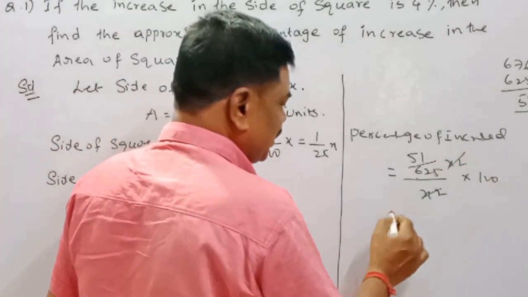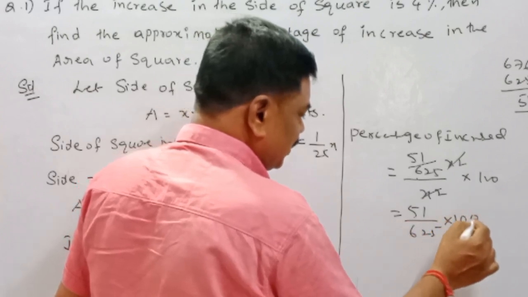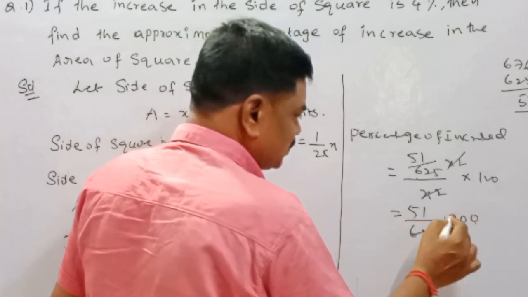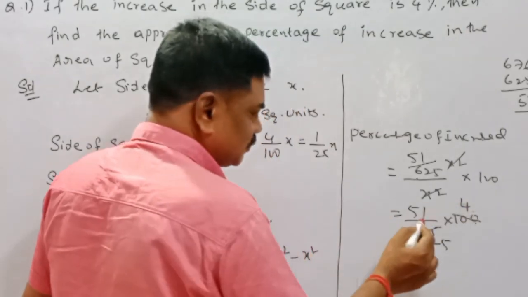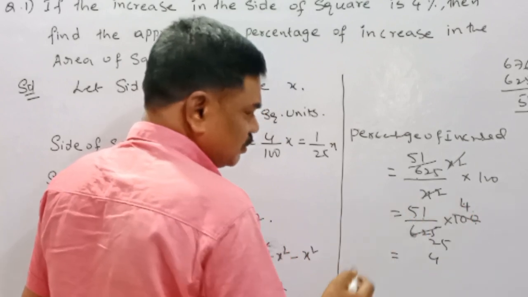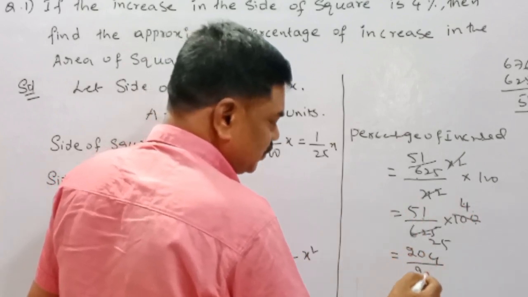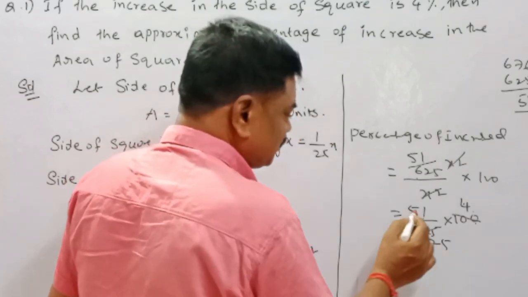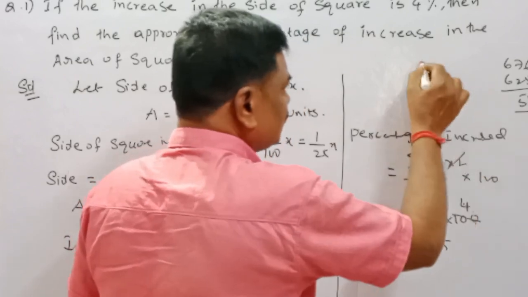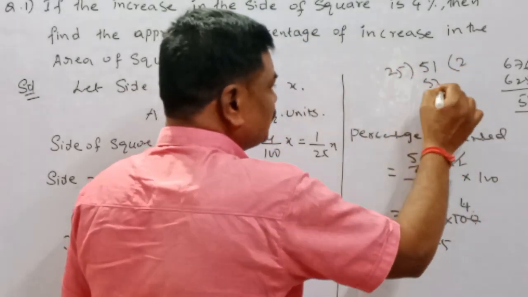X square cancels. 51 by 625 into 100. 25 into 25 is 625, 25 into 4 is 100. So 4 into 51 by 25, that is 204 by 25, or you can take 51 by 25.